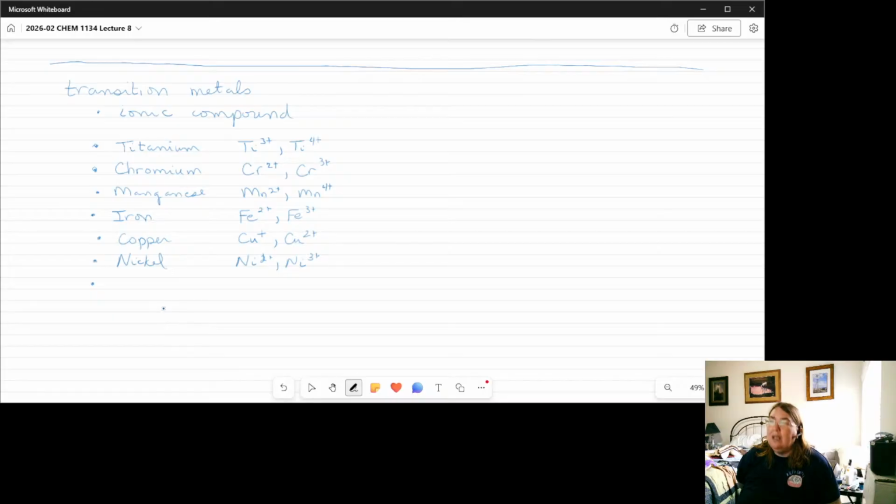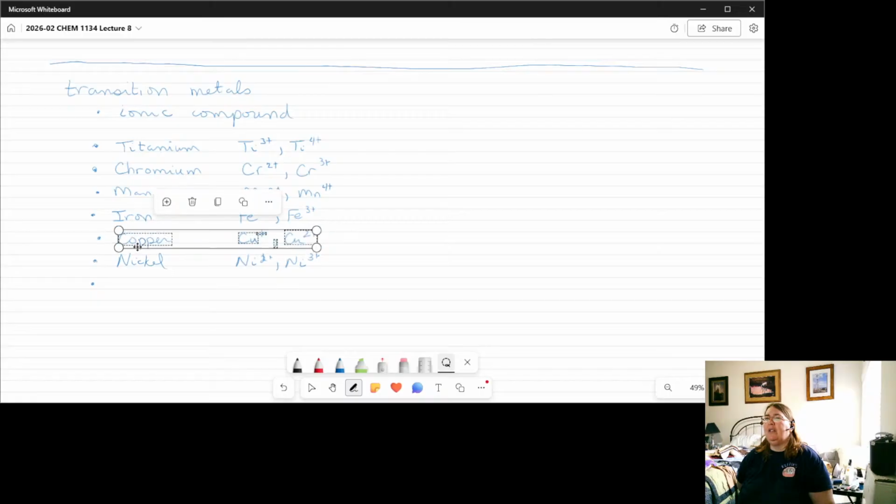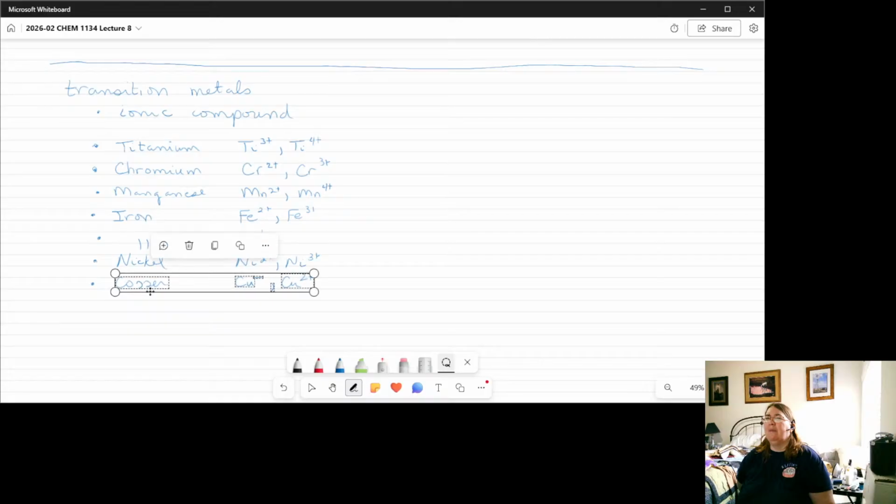Oops. It actually goes nickel, copper. There's one in between. It's one that's not very common, and we don't generally require you to know it, but I do want to put these in the correct order. So cobalt is the one between iron, nickel, and copper.